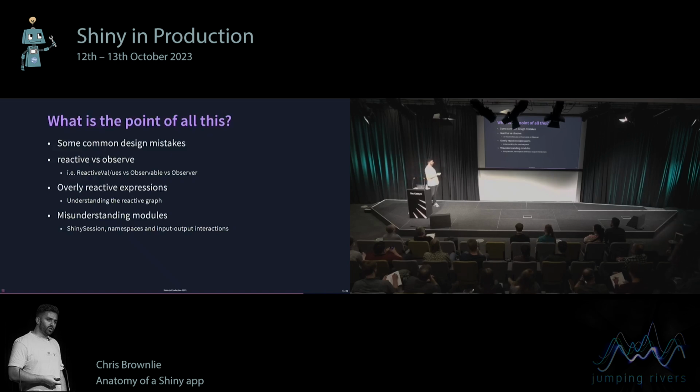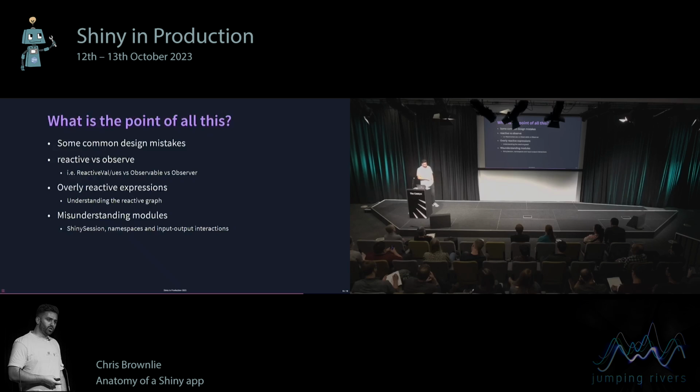Understanding how observers and observables work, when they're invalidated, and how that triggers them to be recalculated can help you understand how the reactive graph is constructed and reduce the number of times things are run, using functions like isolate and so on.